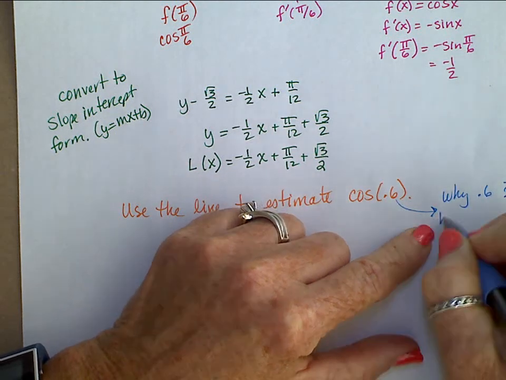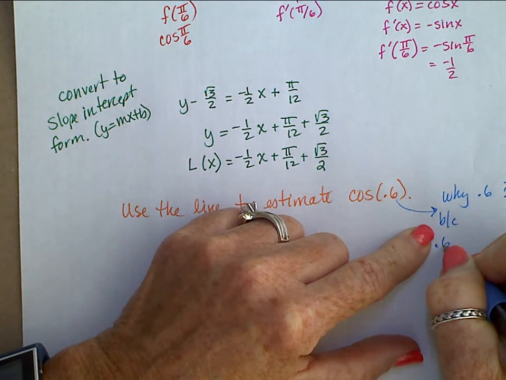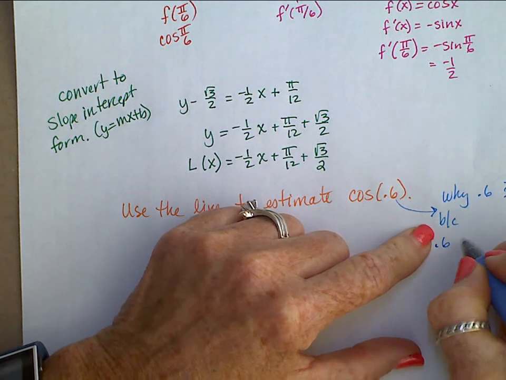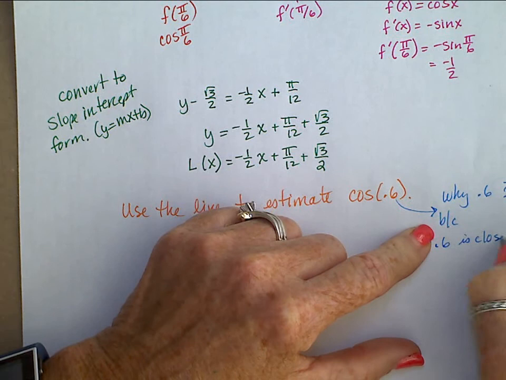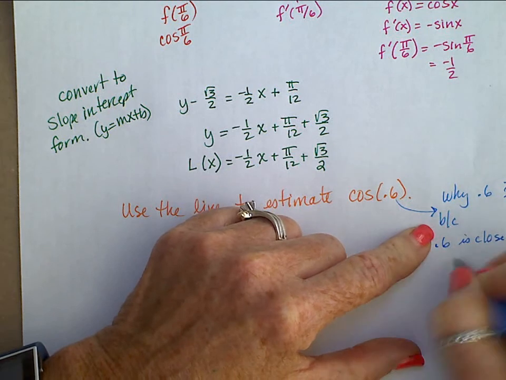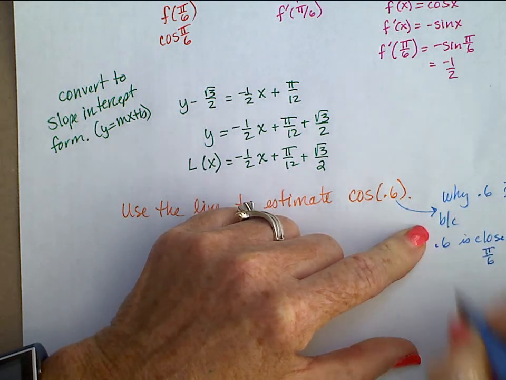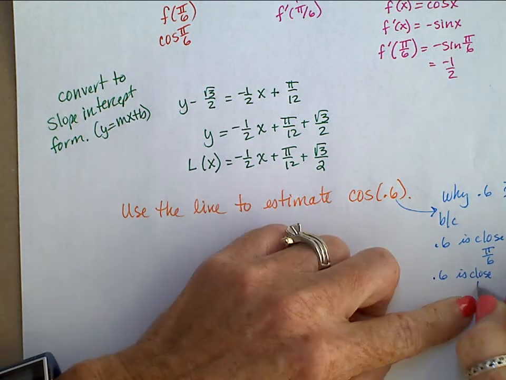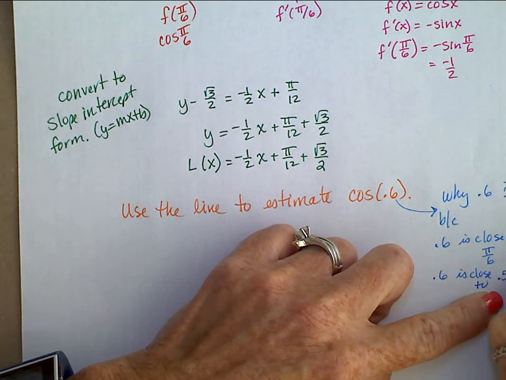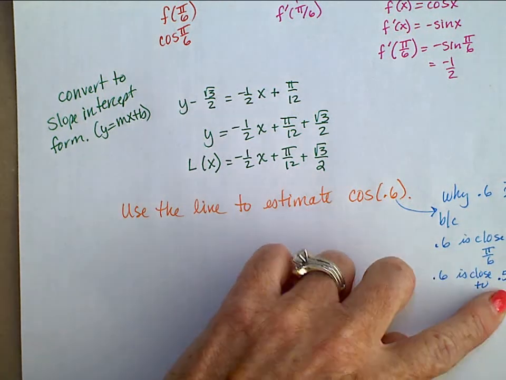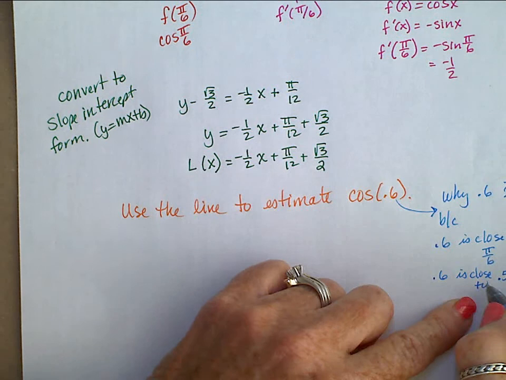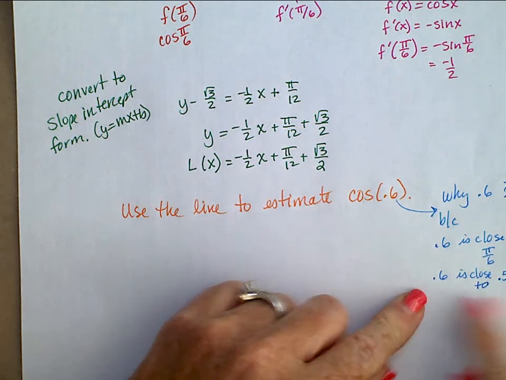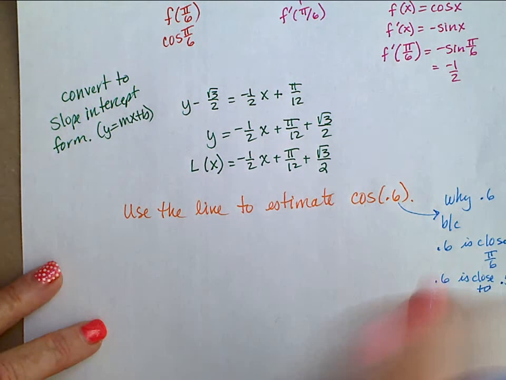Because 0.6 is very, very close to pi over 6. 0.6 is close to 0.523. That's the decimal approximation for pi over 6. So I'm going close. So here's what we want to do.